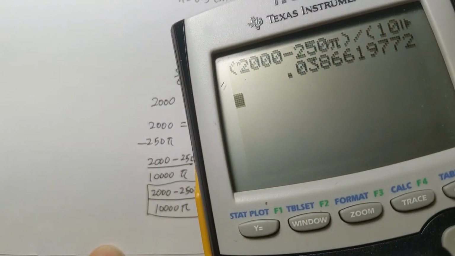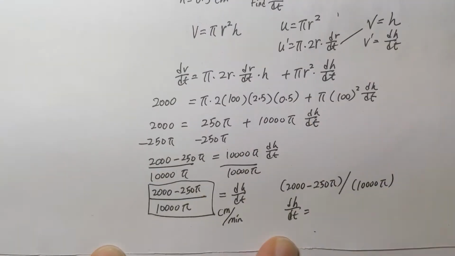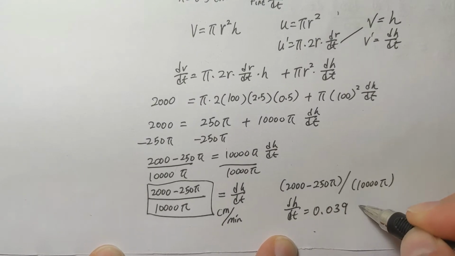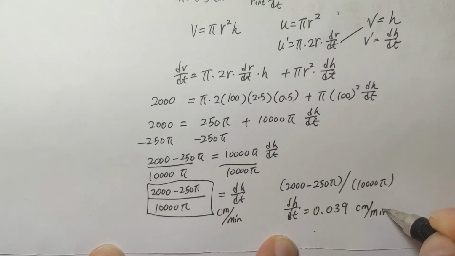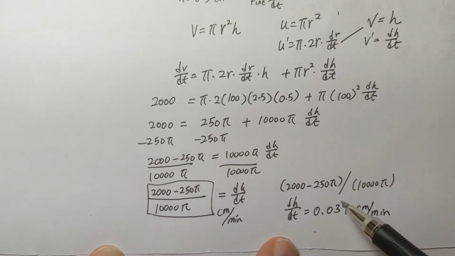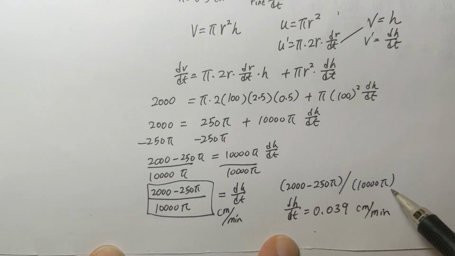Okay, so this will be the final answer in decimal. Of course, you don't need to convert your answer to a decimal when you take the AP exam. Just in case you need to, don't forget to put the numerator in parentheses and the denominator in parentheses, especially if you have a pi.